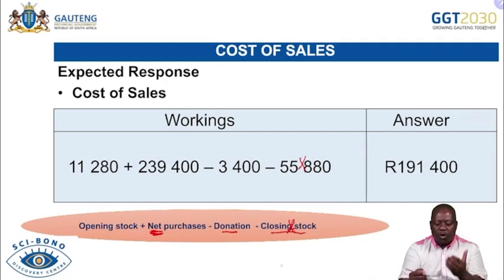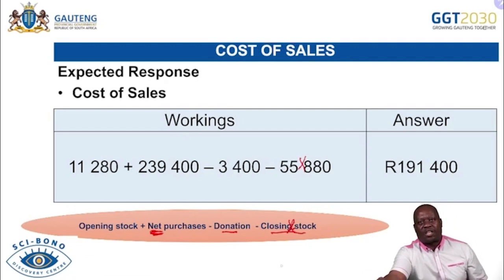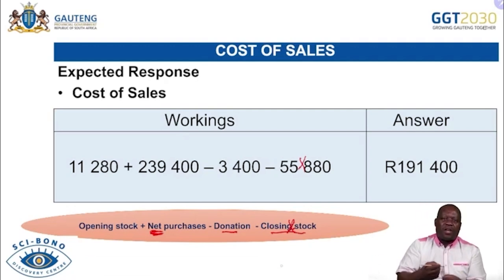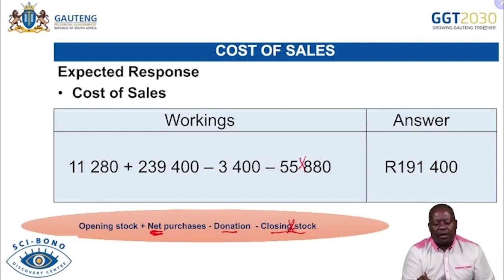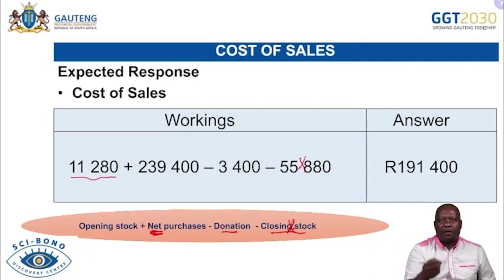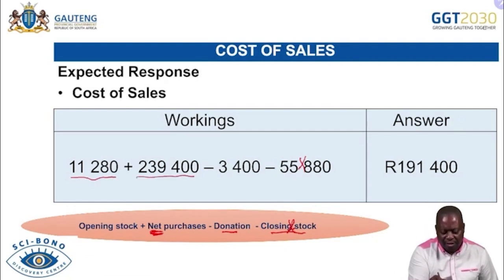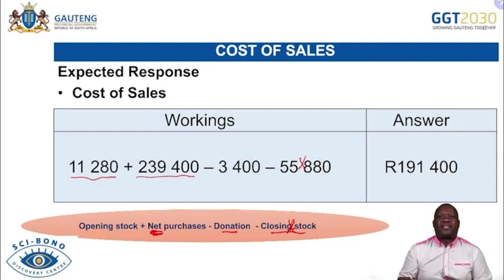So usually closing stock is a figure coming from the previous calculation. We always say calculate the value of the closing stock and then as a follow-up calculate cost of sales. So you must have this from the previous question, and then it's going to be opening stock. You still remember this figure, opening stock, plus purchases, the value of our purchases including carriage, excluding returns.